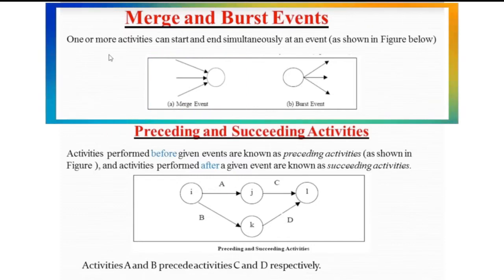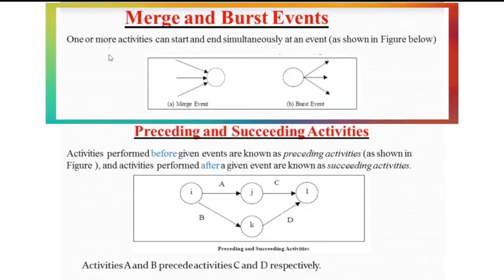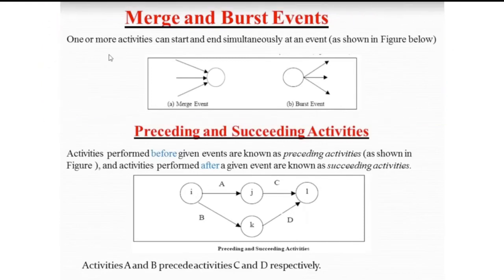So we call this a merge event. And also a burst event, as shown in the figure, letter B. After the event, there are three arrows that come out. So from that event, it produces three activities. So we call this a burst event.